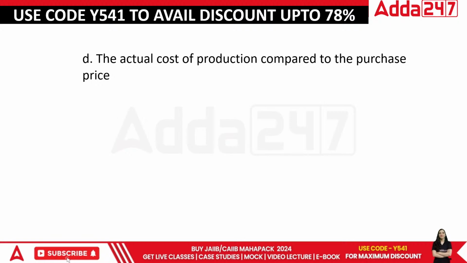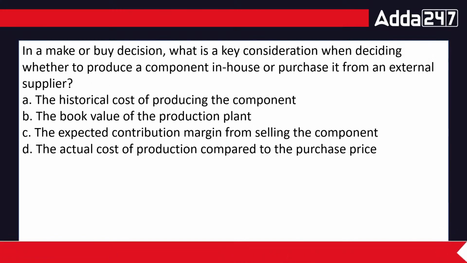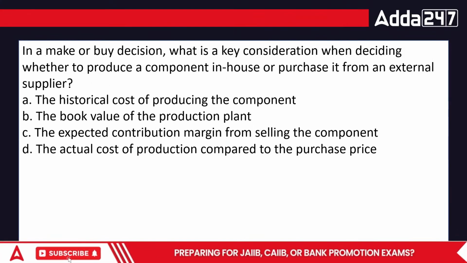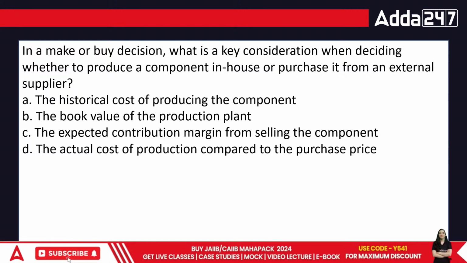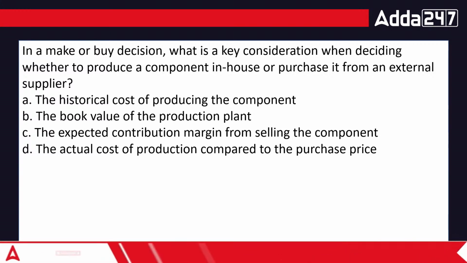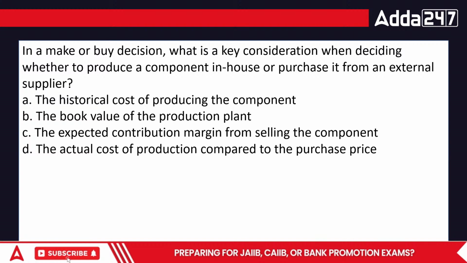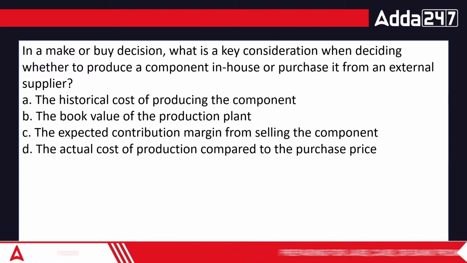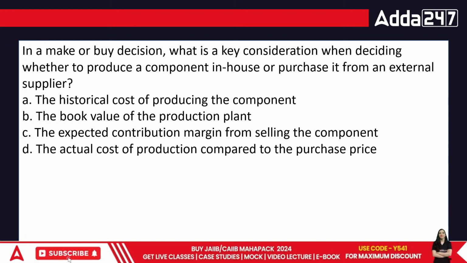Just a moment. I think there's some issue with the question. Okay, in this case, we are actually producing the thing in our organization. So what is it? The cost that is coming out. If the production is cheaper in our organization, why don't we actually buy it? Why don't we actually just buy the raw material and continue our work accordingly?